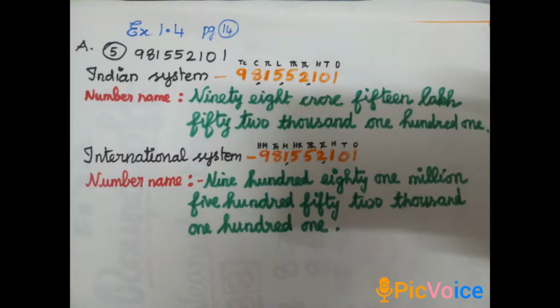For the international system, write the same number and put the place value chart: ones, tens, 100, comma, 1,000, 10,000, 100,000, comma, million, 10 million, 100 million. So the number will be 981,552,101. The number name also we have to write according to this.